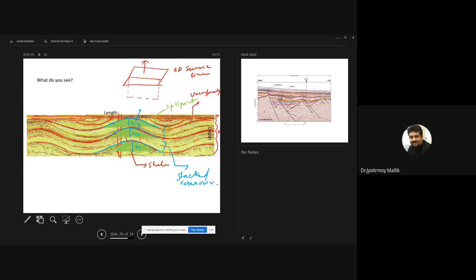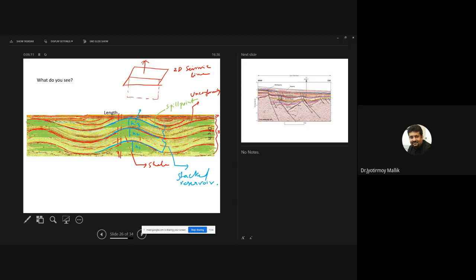Of course, I can have hydrocarbon here as well. So this could be another trap. This anticline could also be another trap. So from that simple subsurface image, we have identified where the traps will be, where the spill points will be, how the structure is, where the unconformity is.